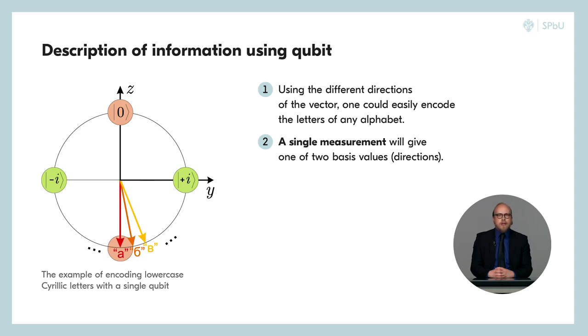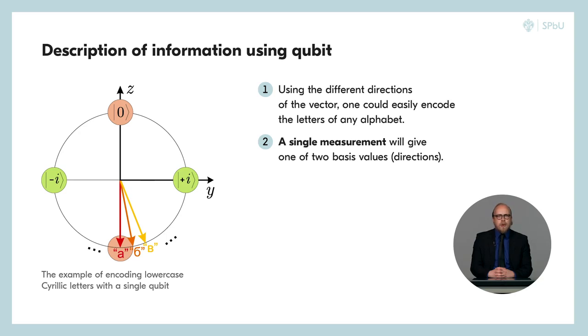In this regard, the potential of the qubit for storing information is not limited. If it was possible to distinguish any intermediate values of the theta angle and phi angle, using a single qubit it would be possible to encode not only letters and symbols, but even words. In this case, one qubit would be enough to encode all the words of some existing language. This means that the number of different superpositions, that is, qubit states, is infinite.